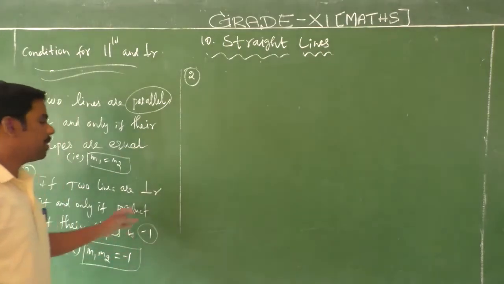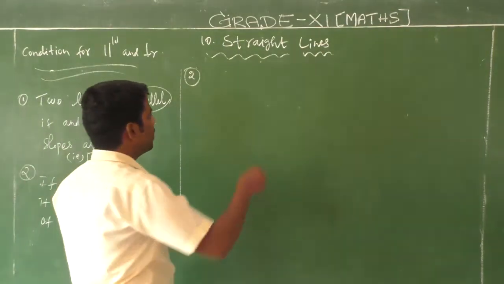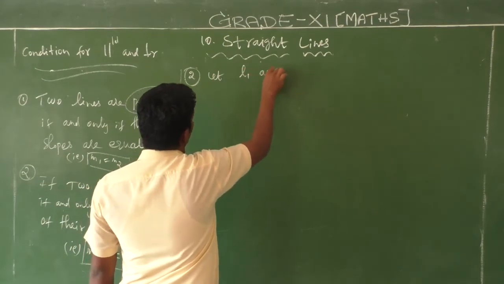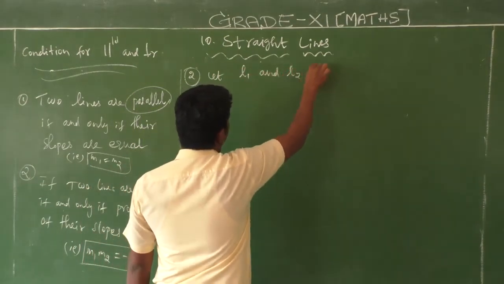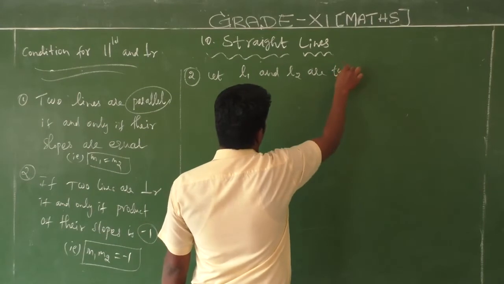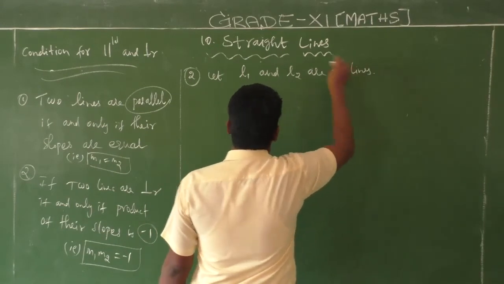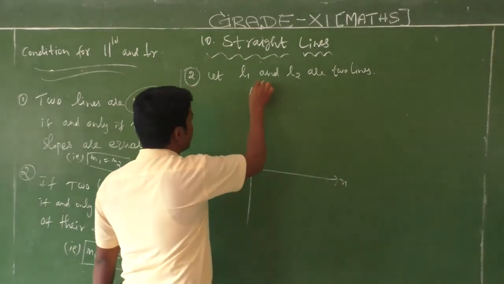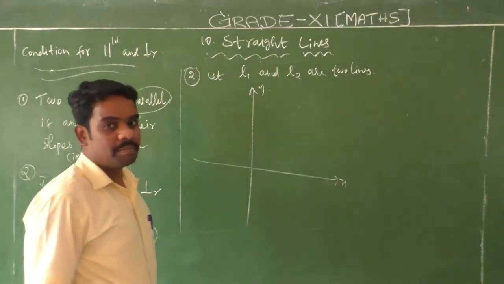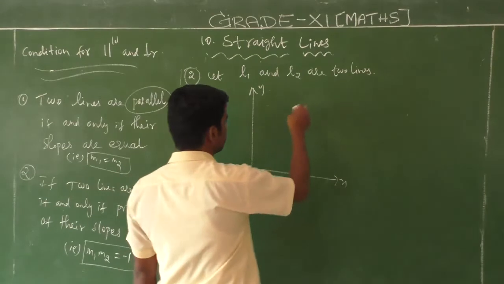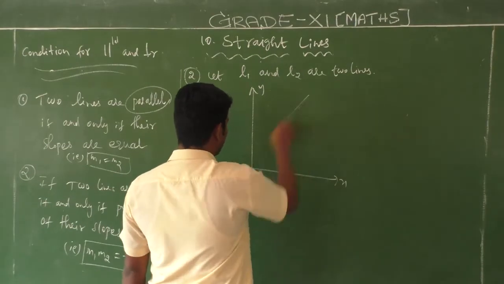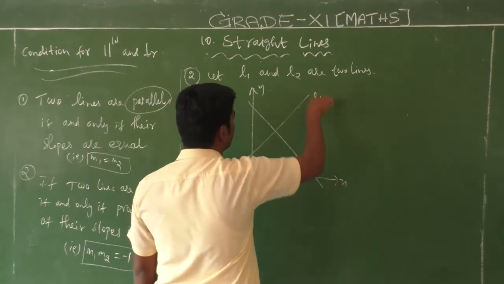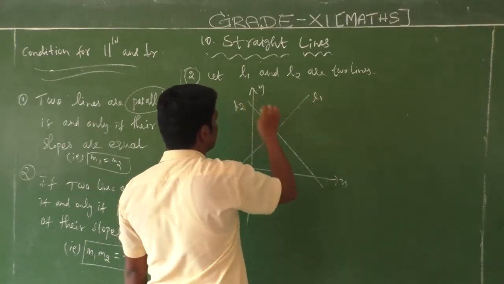if two lines are perpendicular, let us consider L1 and L2 are two lines, the x-axis and y-axis. Two lines are perpendicular. This is L1 and this is L2.